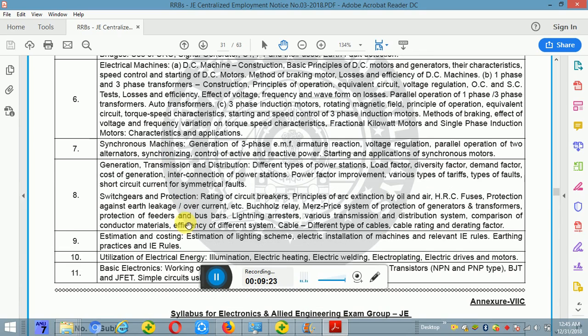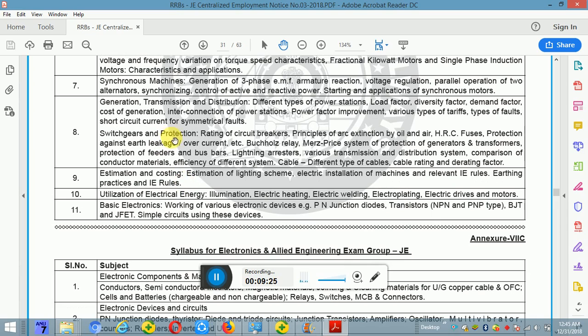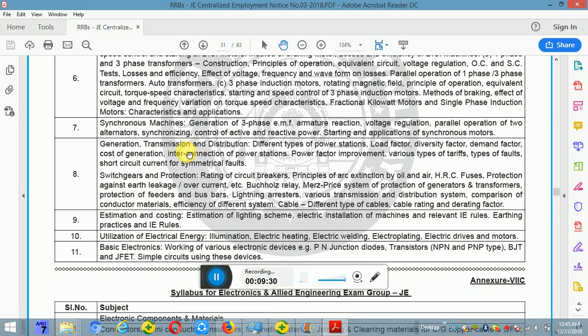And next, generation, transmission and distribution. So we need to generate the power and transmit it from a power plant to the nearby areas and houses, and distribute the power to the houses.